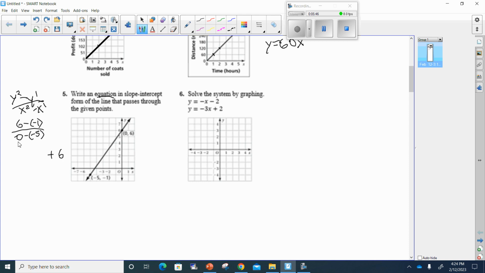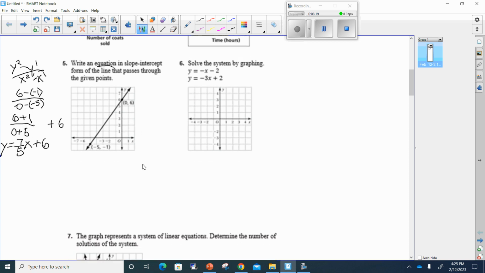Well, negative times a negative is a positive, so this is going to be 6 plus 1. And negative times a negative is a positive, so this is going to be 0 plus 5. And we put this together, this is going to be 7 over 5. So my whole formula could be, or is, y is equal to 7 over 5x plus 6.